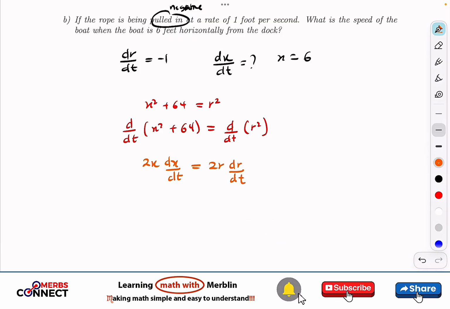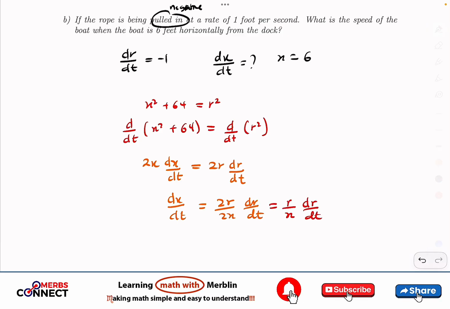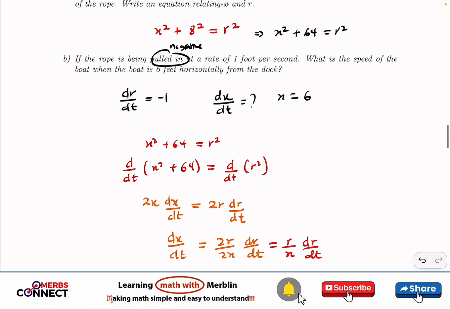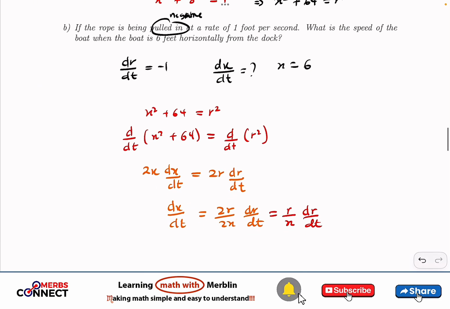We are looking for dx over dt, so I can divide through by 2x, and I'm going to have dx over dt equal to 2r over 2x times dr over dt, and then the 2 can cancel out and we have r over x times dr over dt. Now let's see, we have x, we have dr over dt, but we don't have r. So how can we find r? We can use the Pythagoras theorem here, because since we know x, then we can find r. So let's do that.